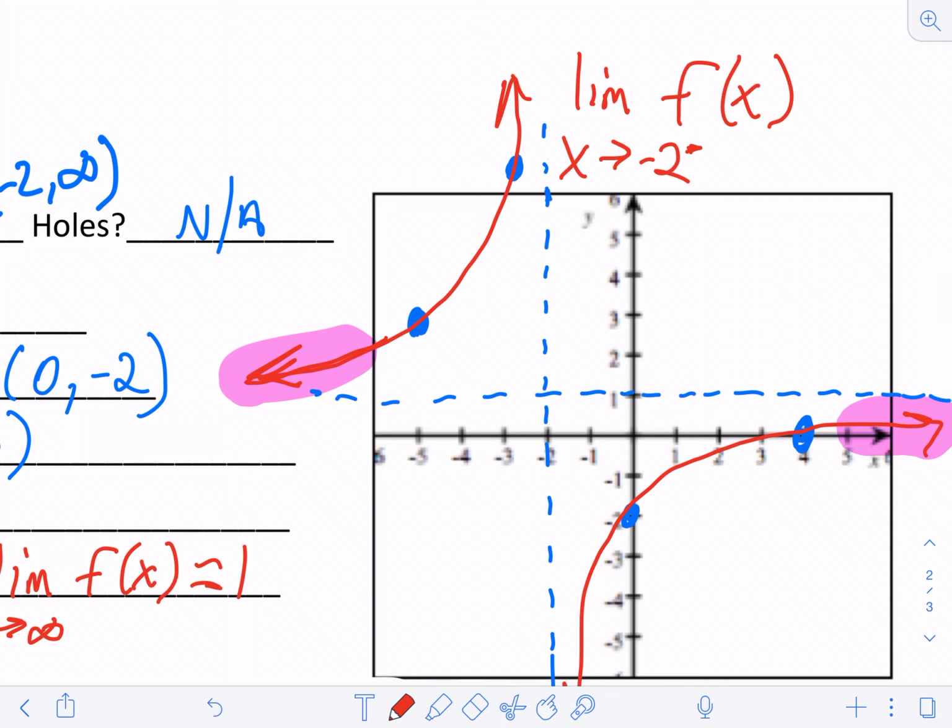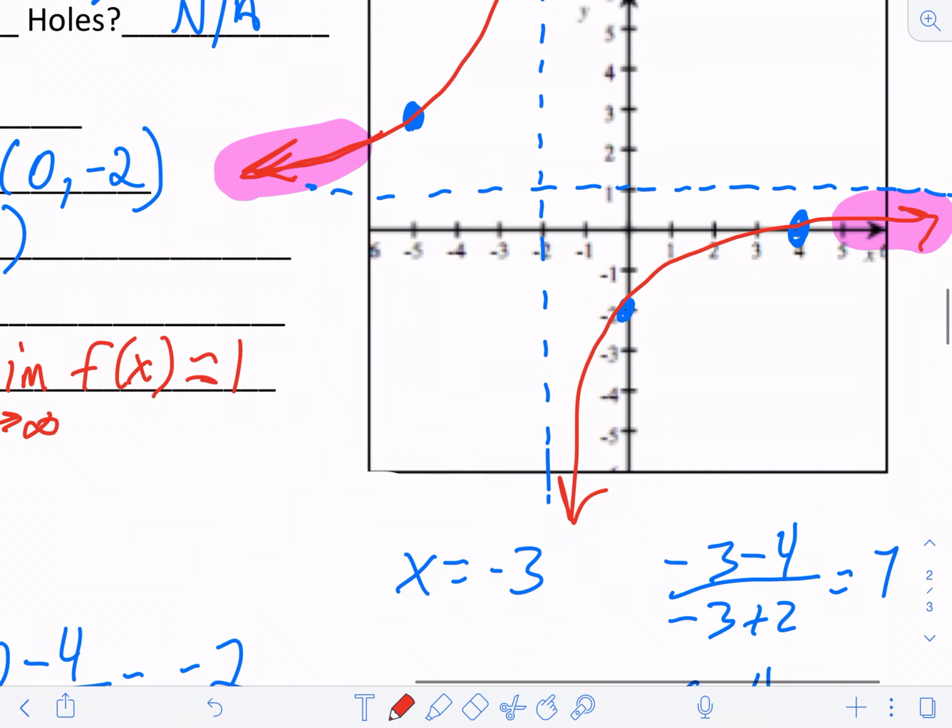That means from the numbers that are less than negative 2. What happens as x approaches negative 2 from the left? Well, as x gets closer and closer to that negative 2, my graph goes up higher and higher and higher, and it approaches infinity. So I'm going to say that the limit as x approaches negative 2 from the left is equal to infinity.